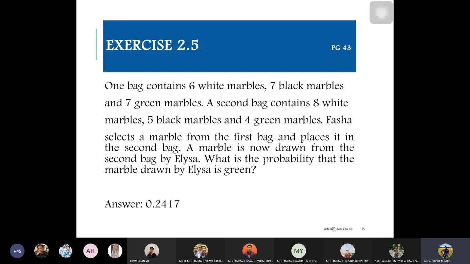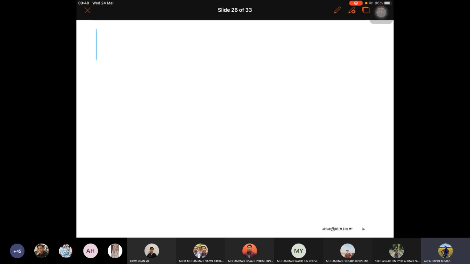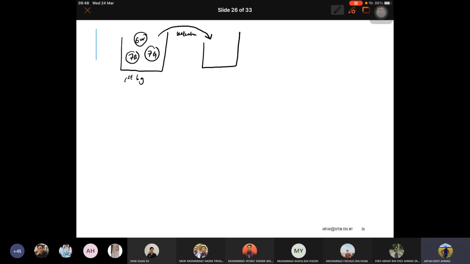So for this example, we represent it as one bag, the first bag. It has 6 white marbles, 7 black and also 7 green. And then Fasha takes one out and puts it into the second bag.